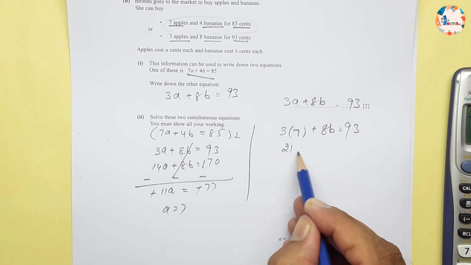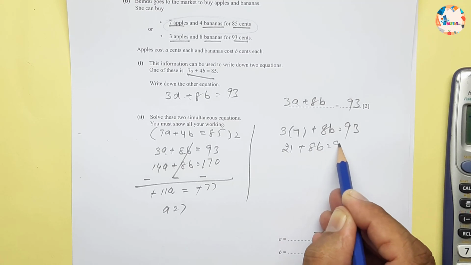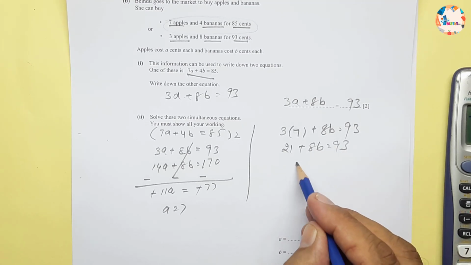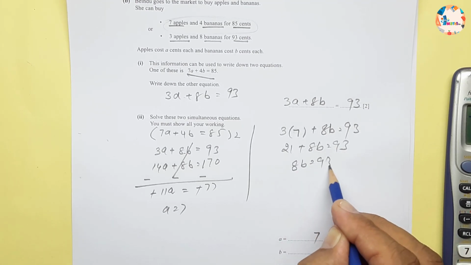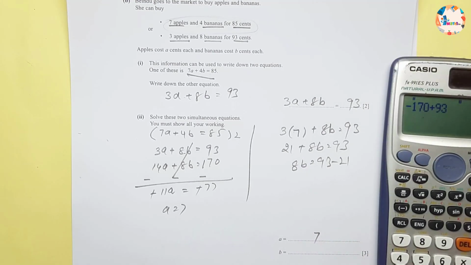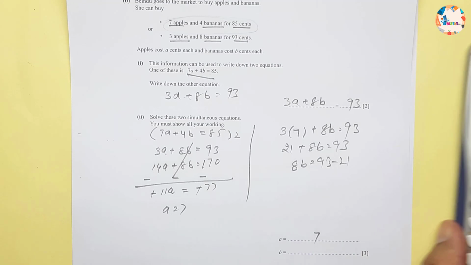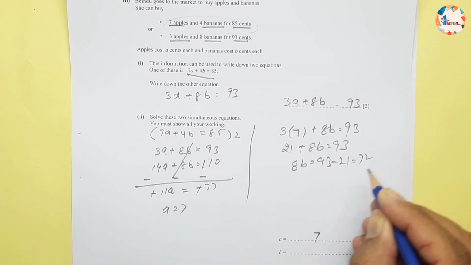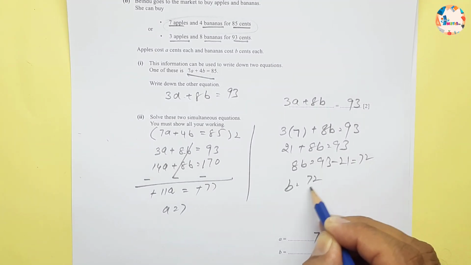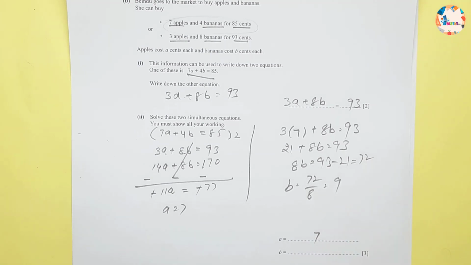So 21 plus 8b is equal to 93. So 8b will be equal to 93 minus 21. So 93 minus 21 will be equal to 72. So b will be equal to 72 over 8, which is equal to 9. So answer will be 9.